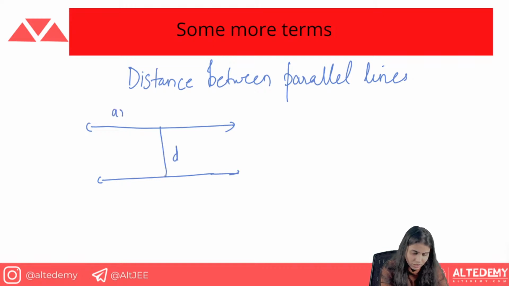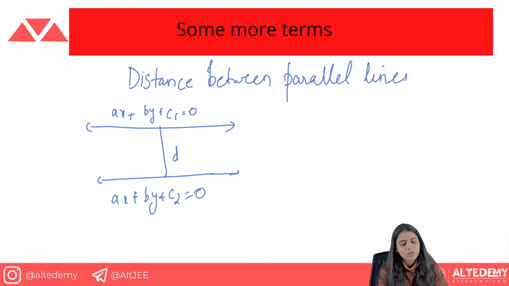We have the lines ax plus by plus c1 equals 0 and ax plus by plus c2 equals 0. This is line 1, this is line 2, which is parallel. Here we have the distance d in between them.